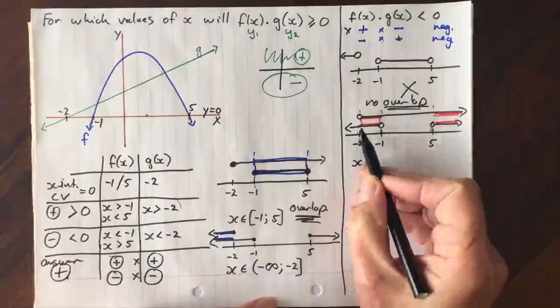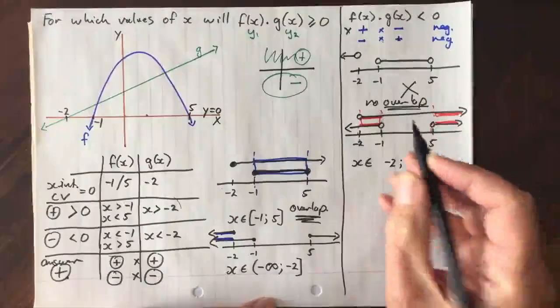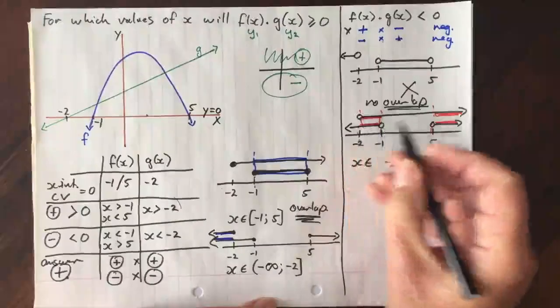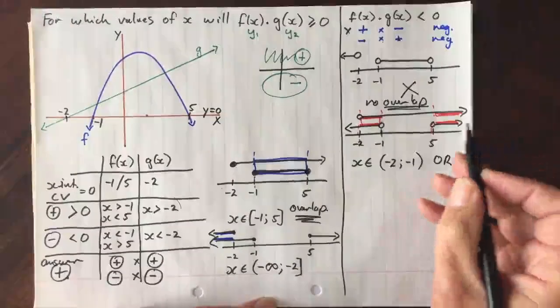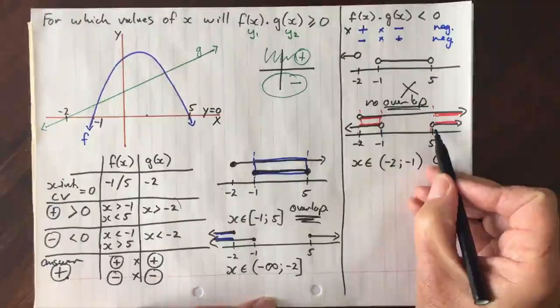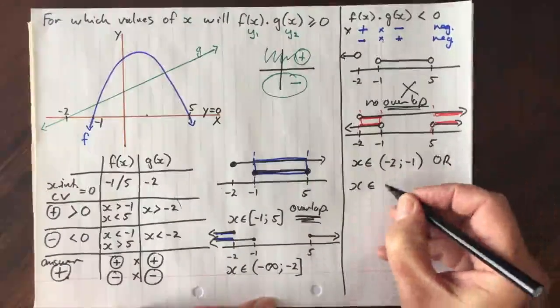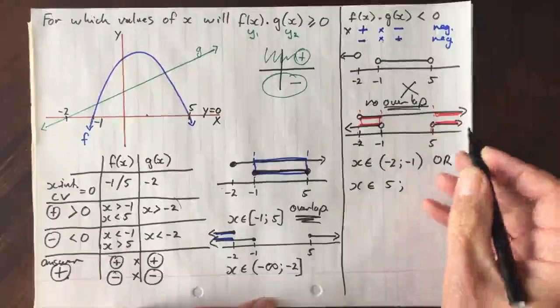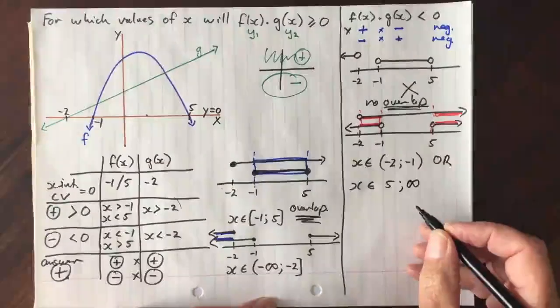We will see it starts at -2 and it ends at -1, but we're working with open dots, so open brackets. Or, x is an element of, we start at 5, and this continues to the right as far as we can go, to infinity.